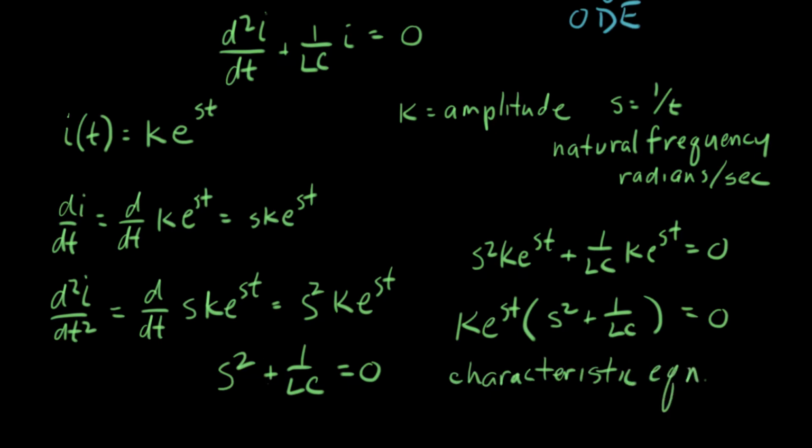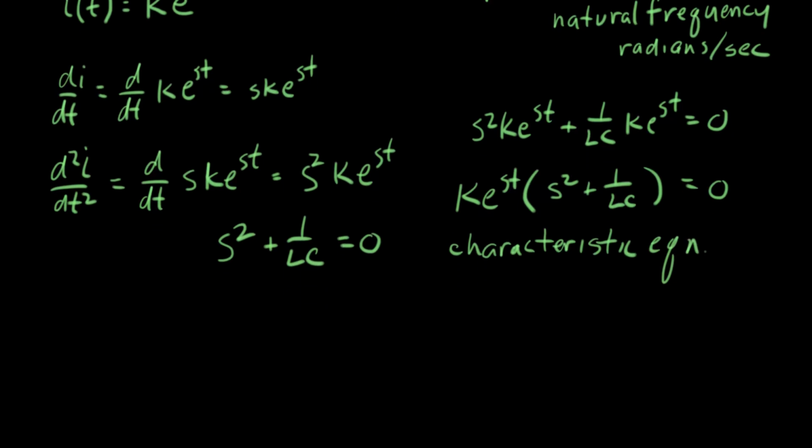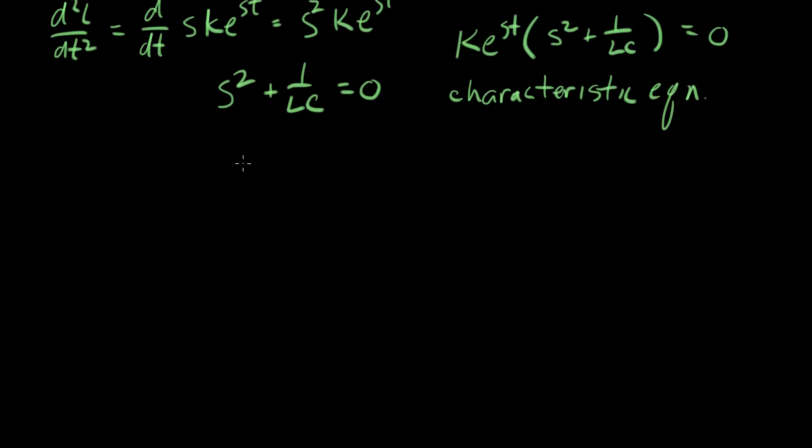So let's see what happens when we try to solve this. The first step is I'm going to get s squared equals minus 1 over LC, or s equals square root of minus 1 over LC. Uh-oh, look what happens here. We're taking the square root of a negative number. So we're going to get an imaginary number for our answer.